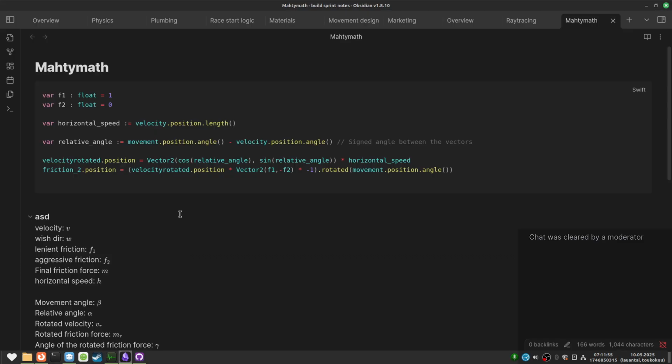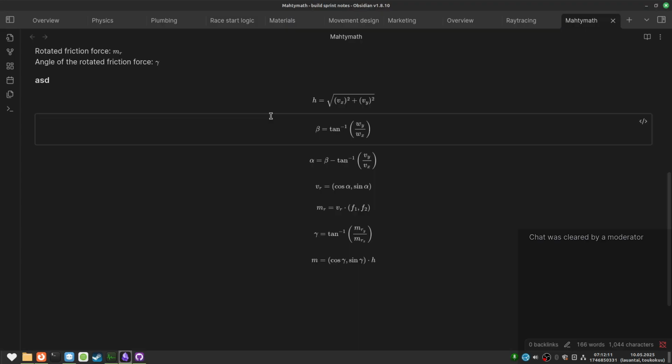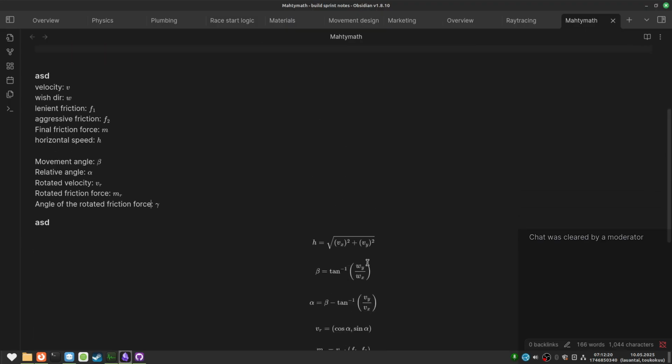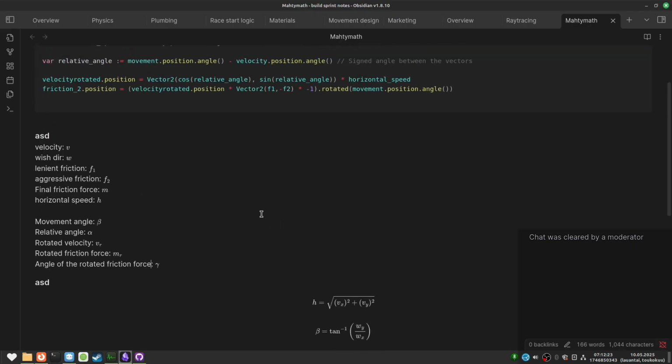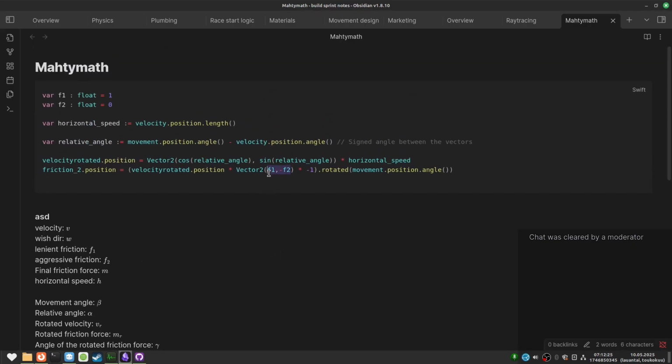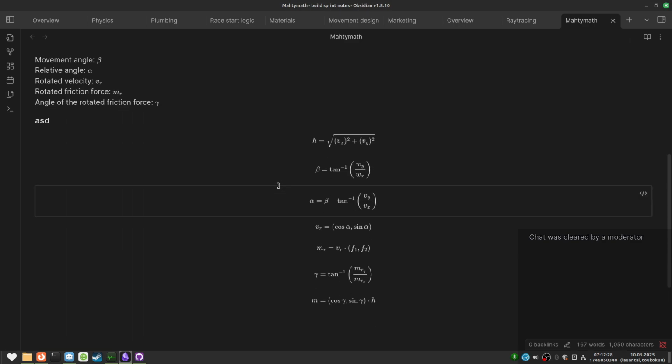Hmm. It's not entirely correct, actually. It is not. This assumes that the length will always be the same as the velocity, which is not the case. The length should change based on these two variables, so this is incorrect.